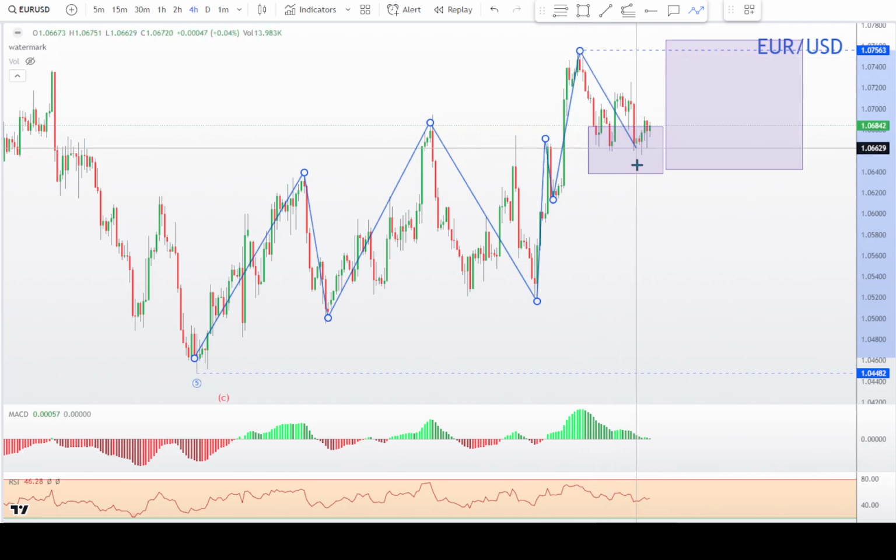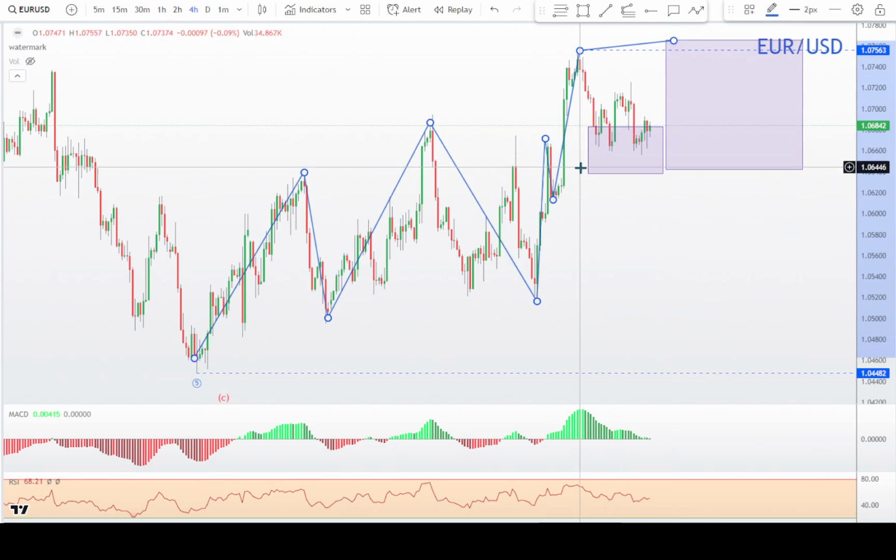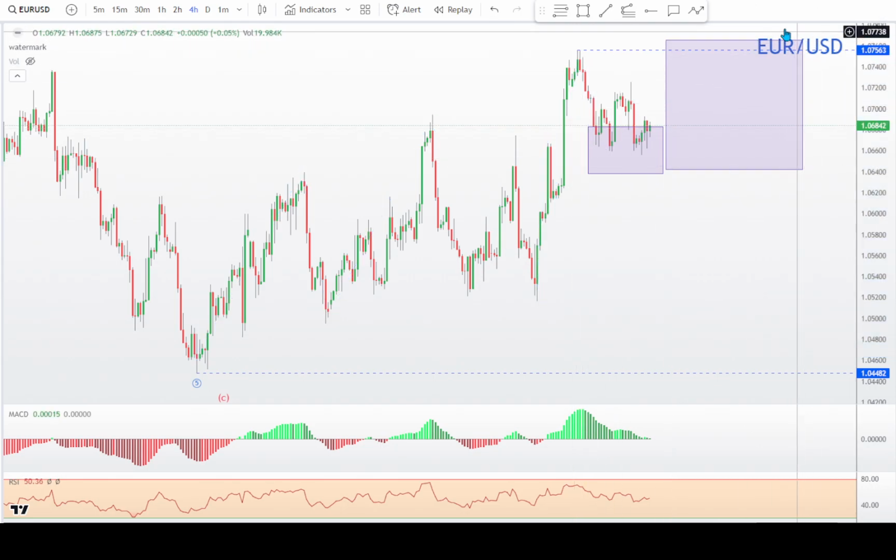And then if they get corrective, I said, or it should get corrective, and then there'll still be one more up. I don't even know if this is the 5th wave. So this might be the A. This is all B, and they're going to come up one more time for the 5th wave.